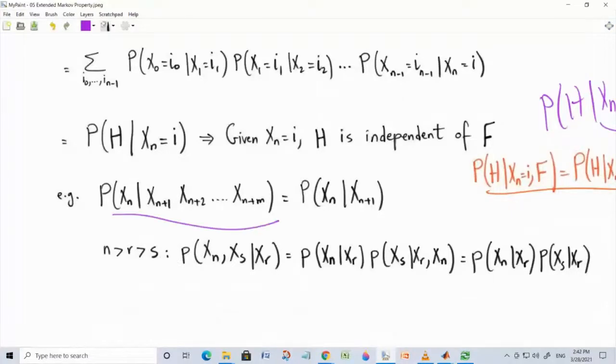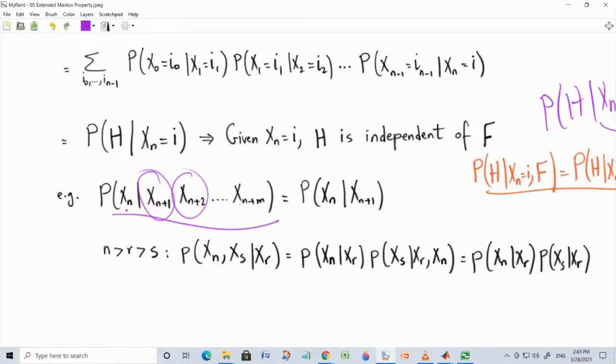See, this is different from the main definition of Markov. This is x of n given x of n plus 1, x of n plus 2, x of n plus 3, up to x of n plus m. So here we are conditioning on the guys that will come in the future. Guess what?